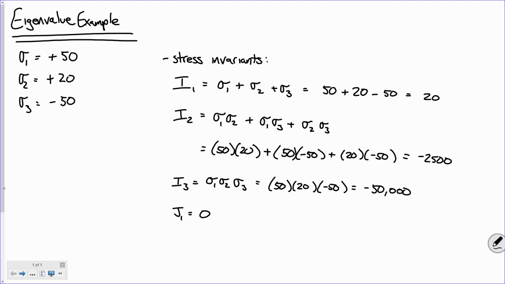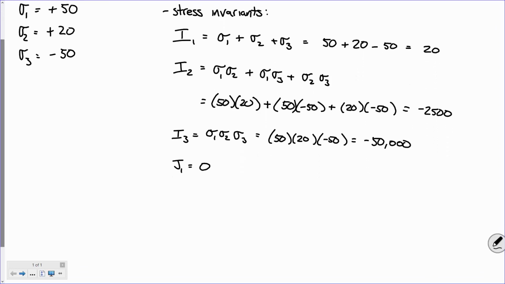Now, using this data, the easiest way to calculate J2 and J3, J2 is just 1/3 I1 squared minus I2, which is 1/3 of 20 squared minus a negative 2,500, which is 2633.